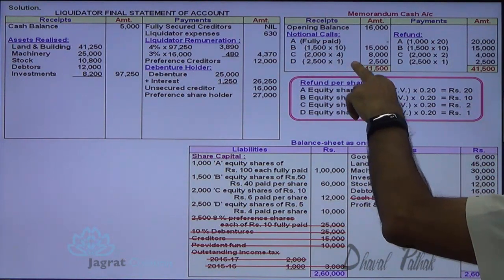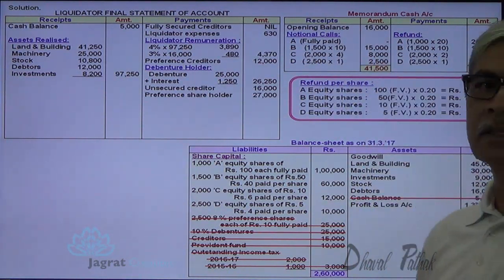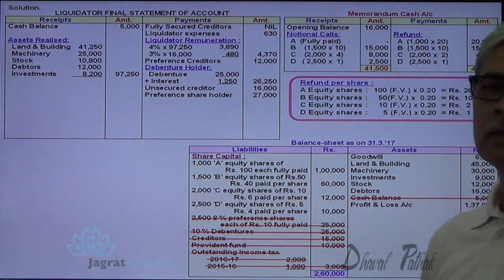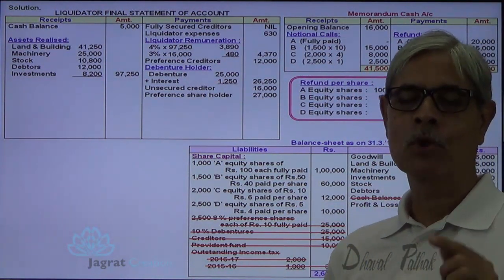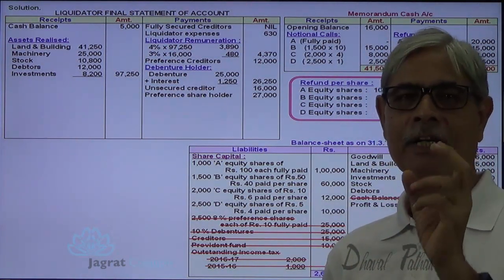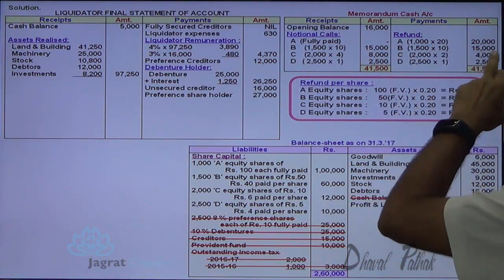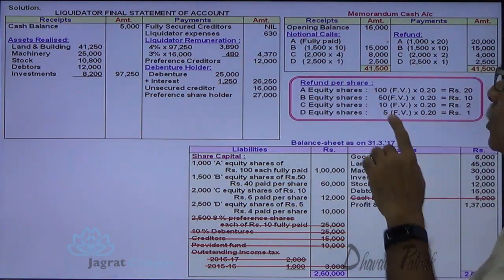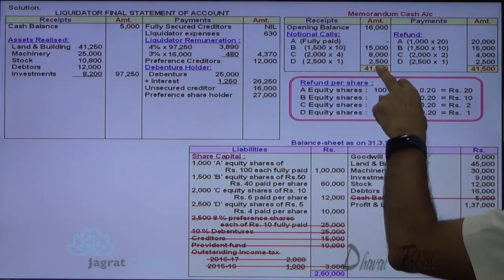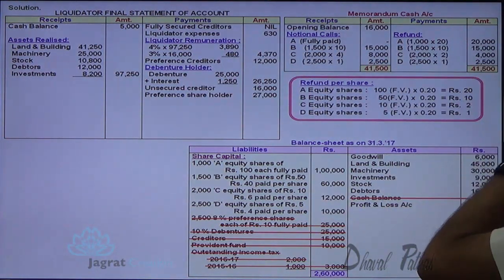C type, the notional demand from them is 8,000, notional refund 4,000. So real demand has to be made: 8,000 minus 4,000, 4,000 has to be received. And for this D category, 2,500 notionally demanded and notionally paid.